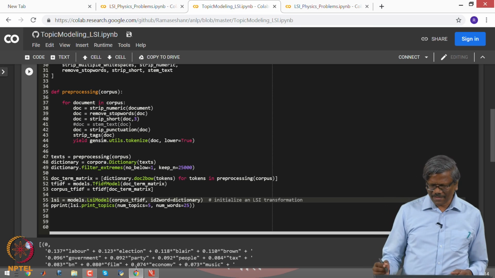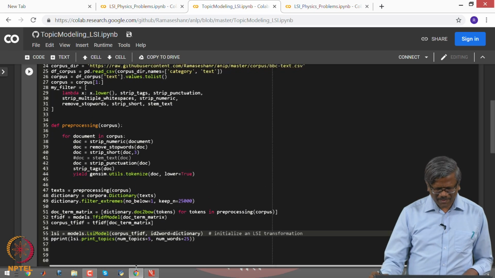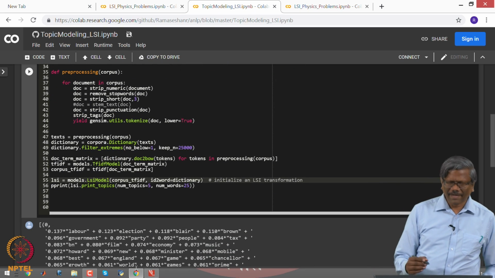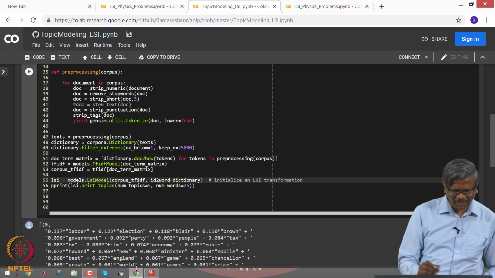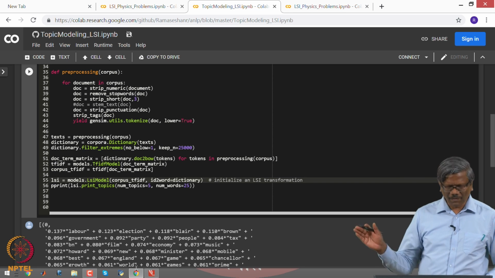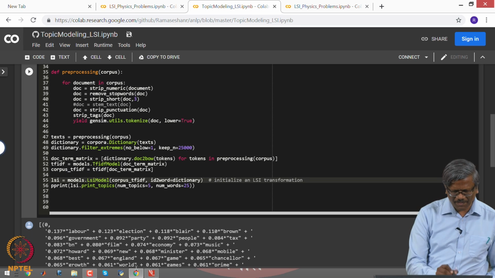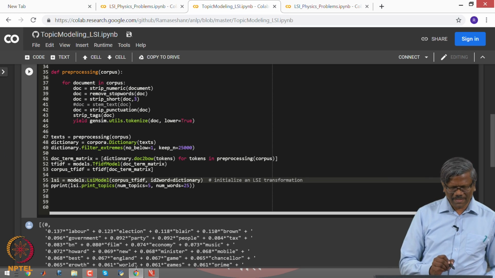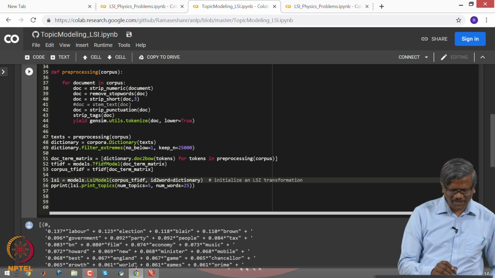Again, in this case I am computing the TF-IDF, and I have added a little more additional functions for the pre-processing. One is I am taking off all the numerics using the strip numeric function. I am removing stop words given by GenSim. You may also want to add your own stop words to this.